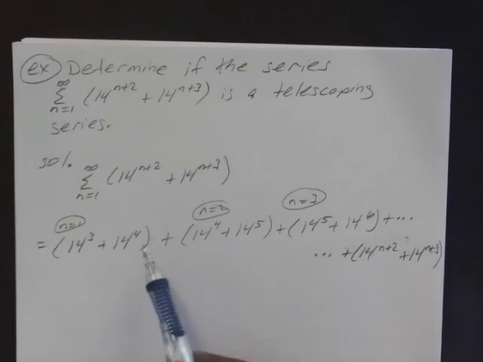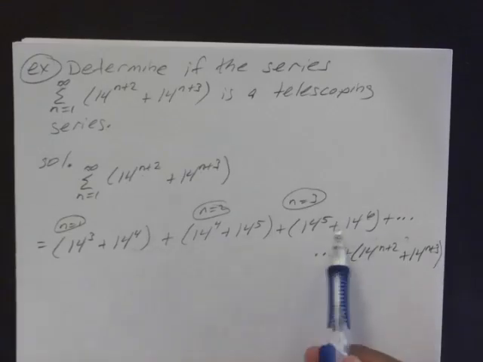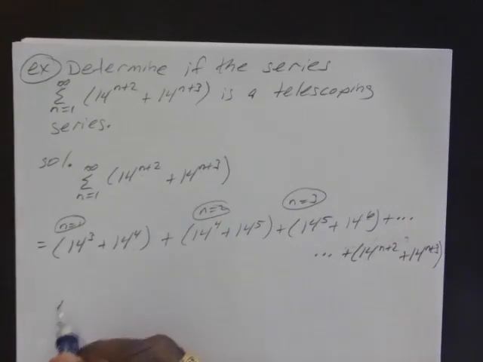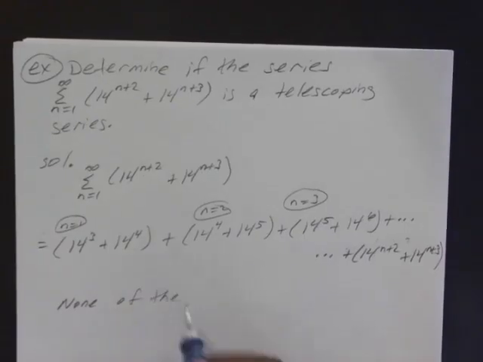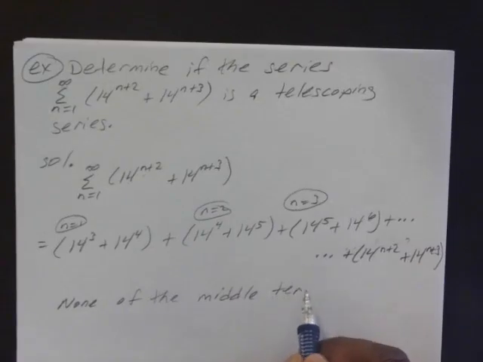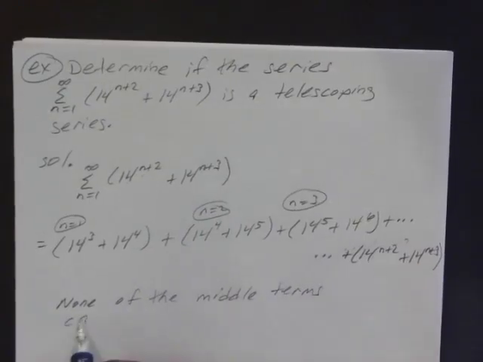Okay. So we can see that none of these middle terms cancel out. So since none of those middle terms cancel out, we know it's not a telescoping series. So none of the middle terms cancel out.